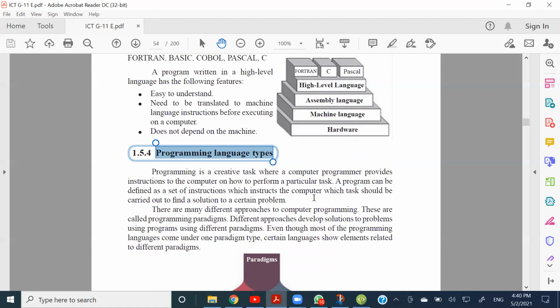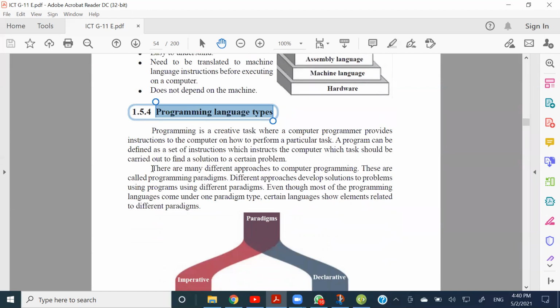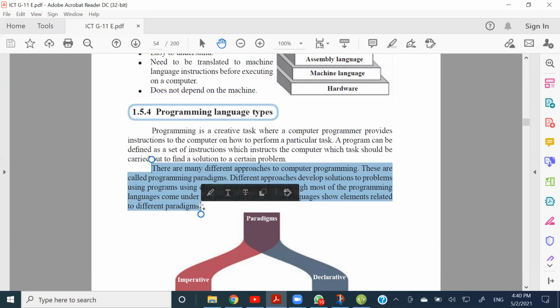It's better you underline it so you can copy those things at home. It's better you copy down the second paragraph only, right? Only the second paragraph.